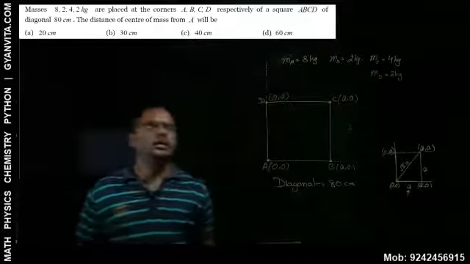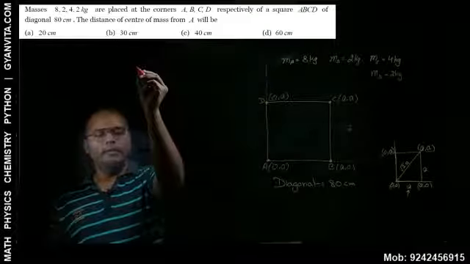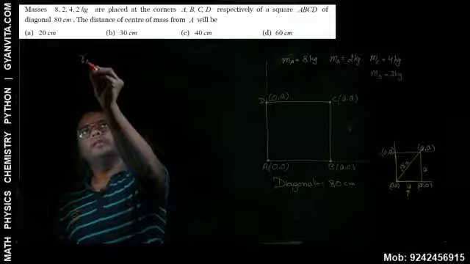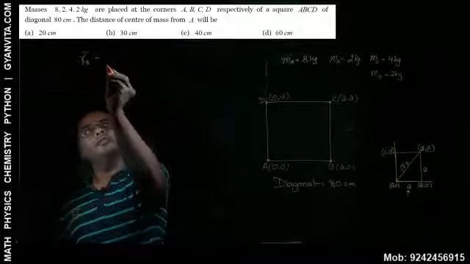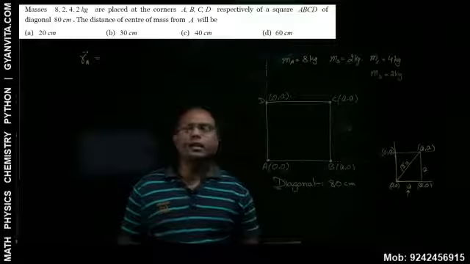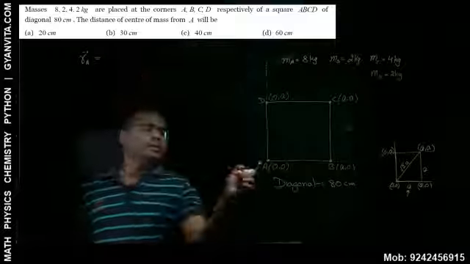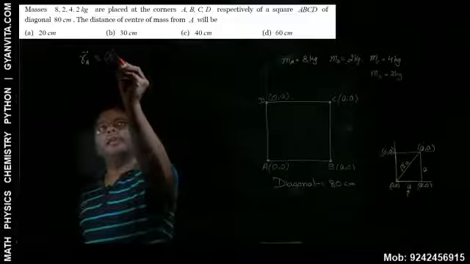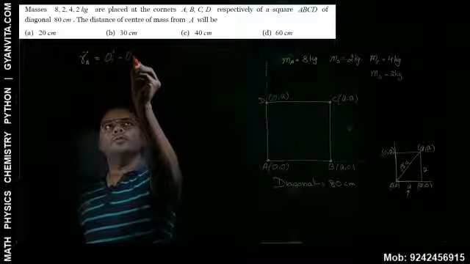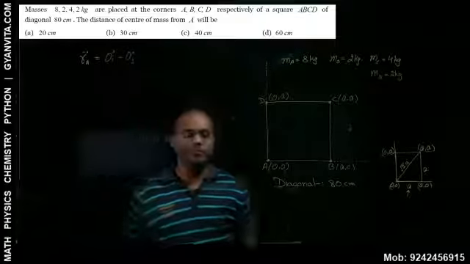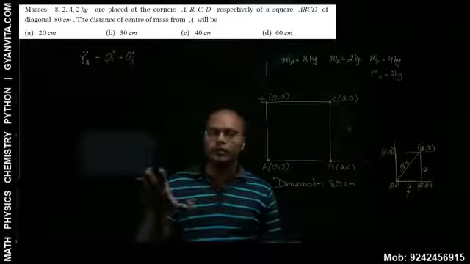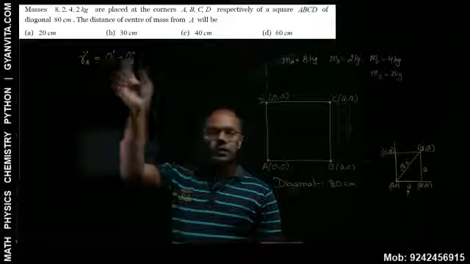Okay, so that means what? If I say RA, that is position vector of A, mass A. So position vector of A will be what? It will be 0, 0, that is 0 i cap plus 0 j cap. So we are trying to solve it in the form of vectors itself because it is 2D now.